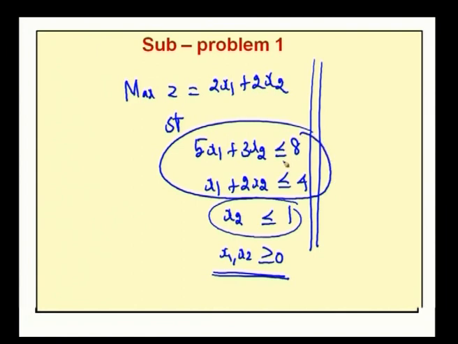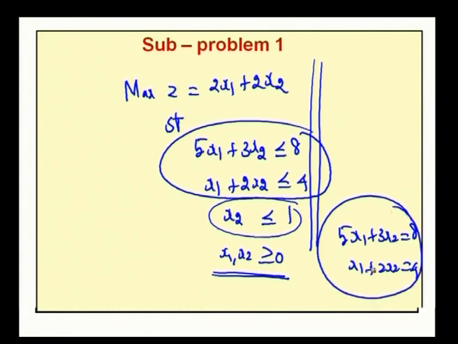First, temporarily ignoring the inequality signs of the two constraints, we consider the equations 5x1 plus 3x2 equal to 8 and x1 plus 2x2 equal to 4. By plotting these in the graph, we get the feasible region, and from the feasible region we can get the optimal solution.